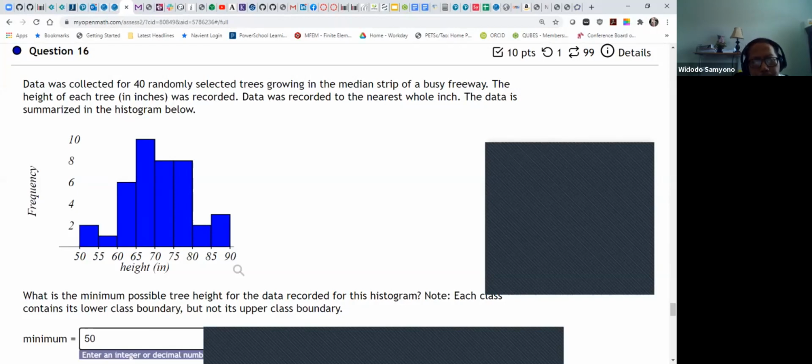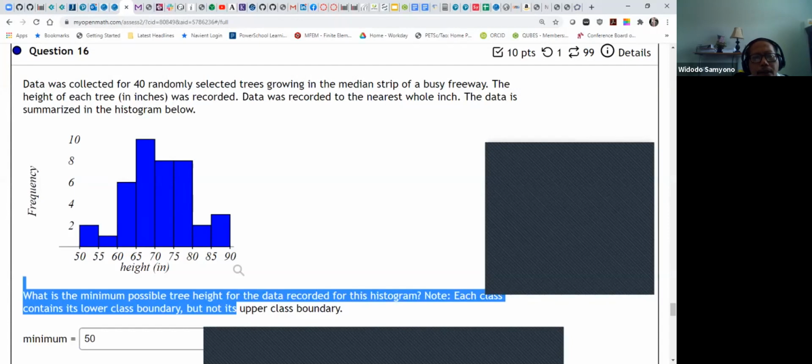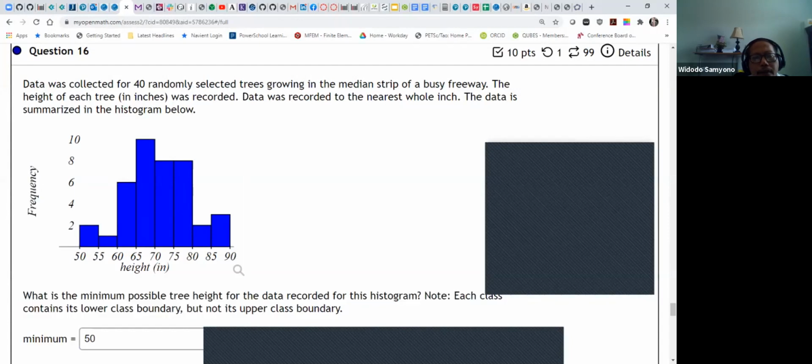If the question is asking about the maximum possible tree height, you need to subtract 1 from 90. So the maximum height will be 89.